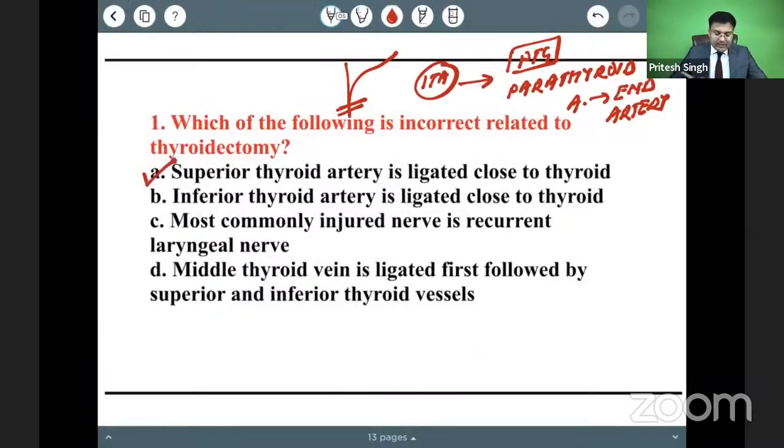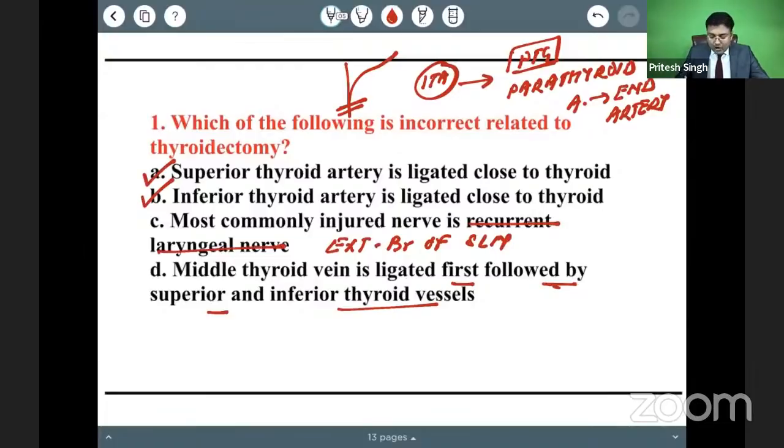This is correct. Inferior thyroid artery is ligated close to thyroid. Correct. Most commonly injured nerve is recurrent laryngeal nerve. No, it is external branch of superior laryngeal nerve. And the fourth option, middle thyroid vein is ligated first, followed by superior and inferior thyroid vessels.